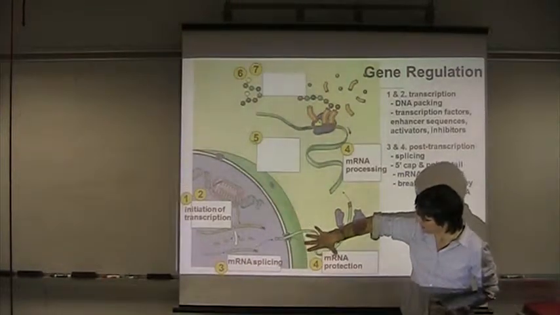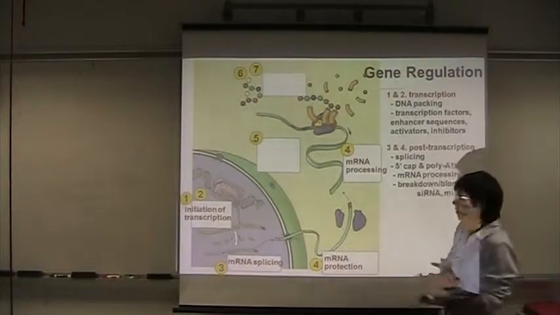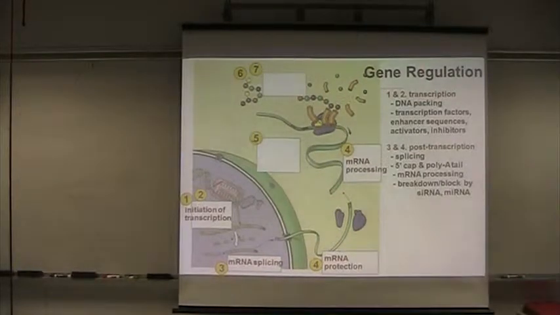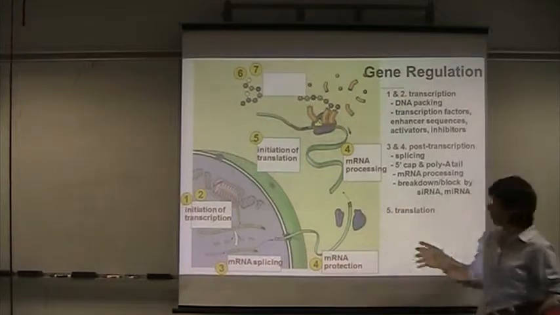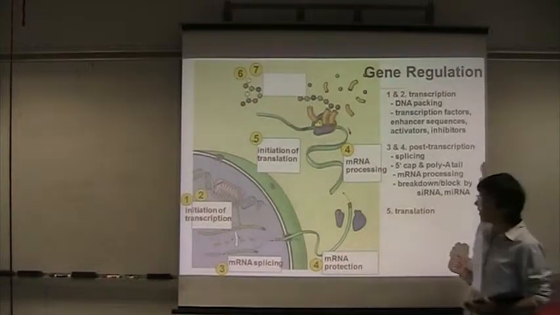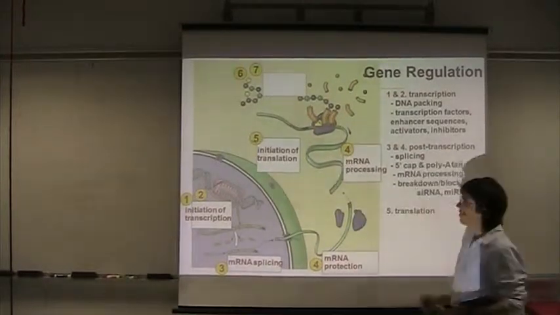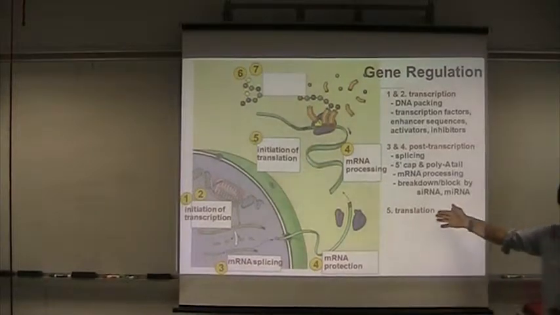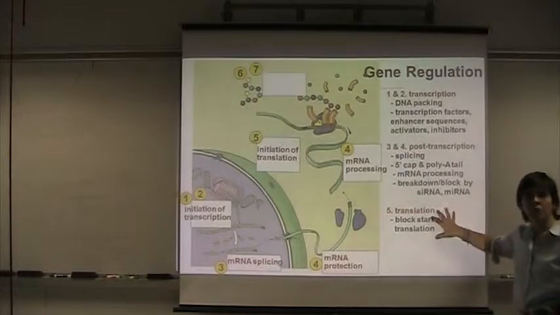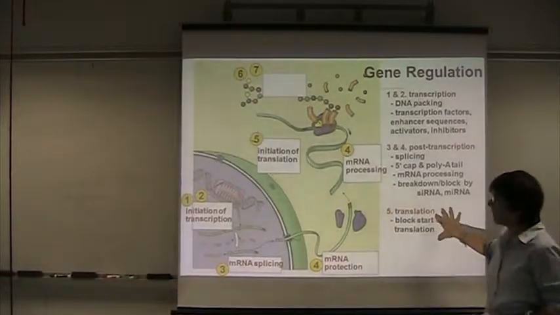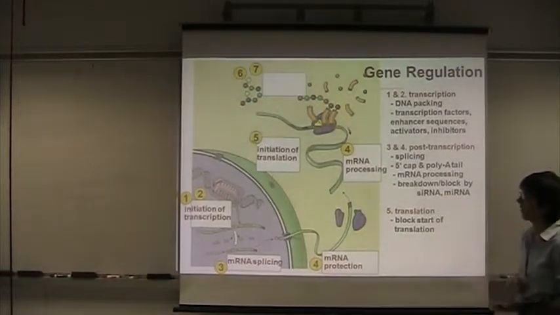That happens right here in the cytoplasm. If you survive the attack of the interfering RNA and you make it to the ribosome, then we can have some issues with translation, and we have those regulatory proteins that block translation and nothing happens.